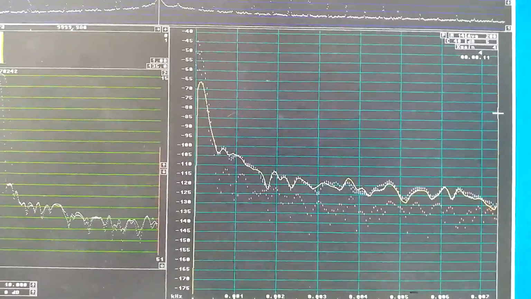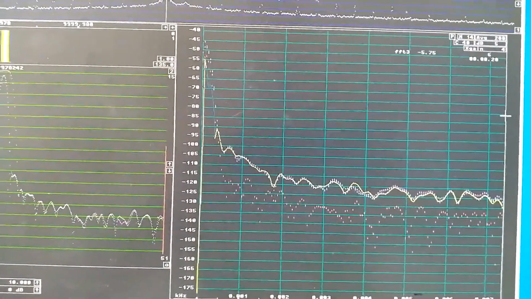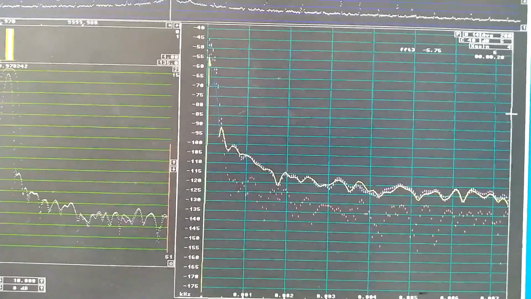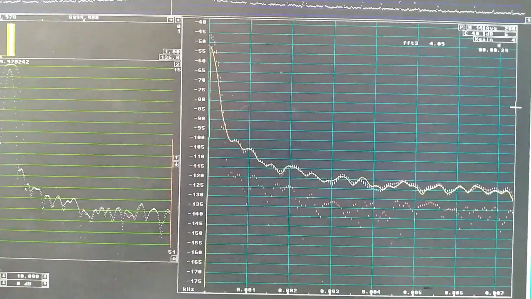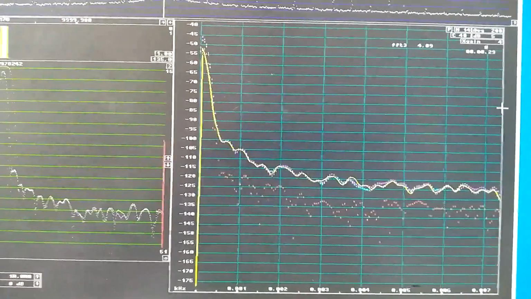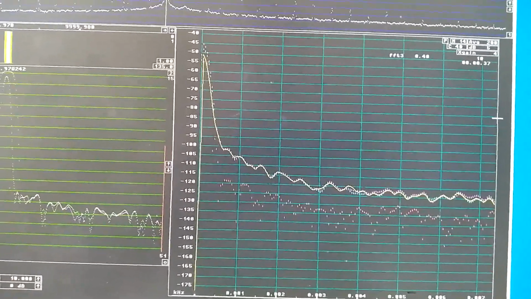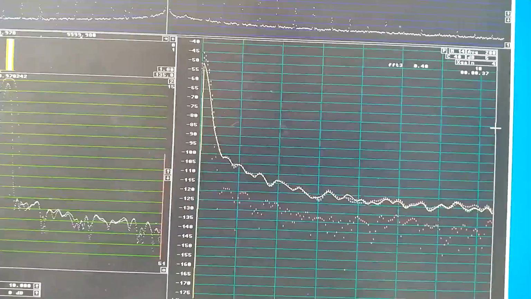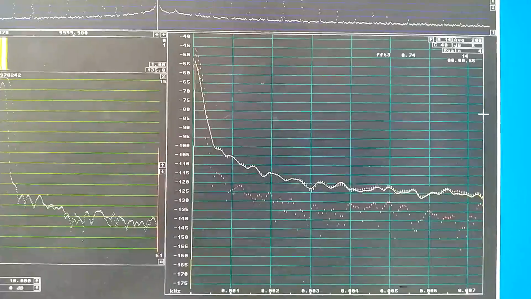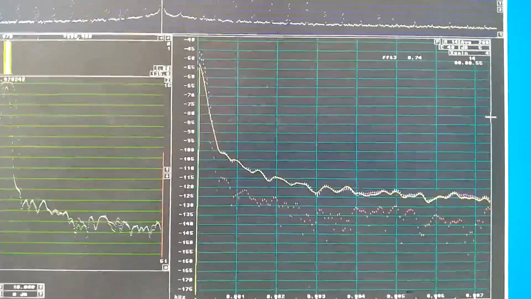As you can see, the correlation spectra and the uncorrelated spectra are very similar. And this is the average of 6 and 8. And the imaginary part is well below. So what I'm seeing is minus 106 dBc per hertz. In 1 minute, the statistics is good enough.